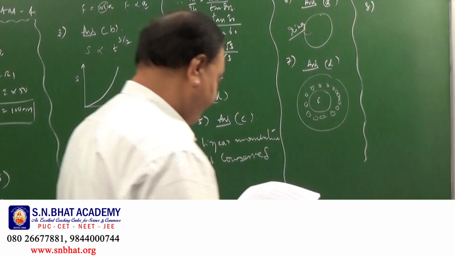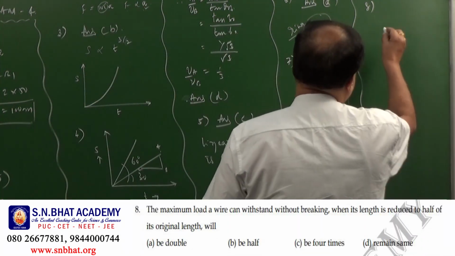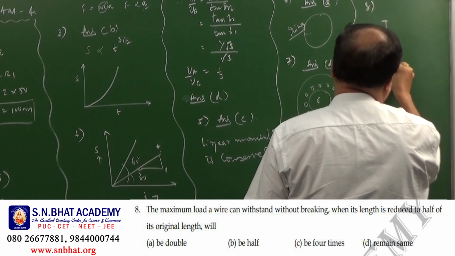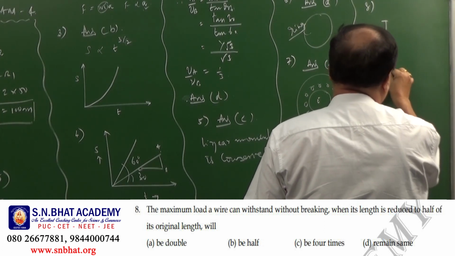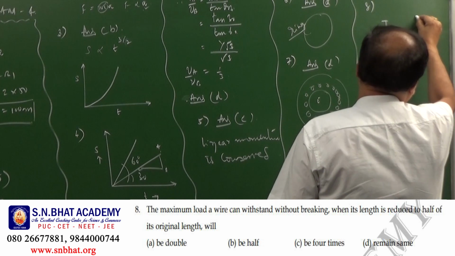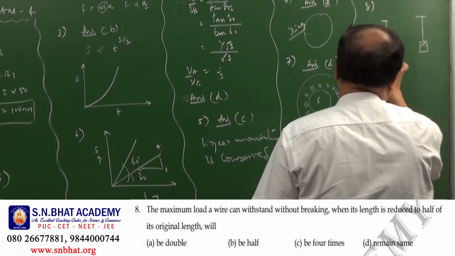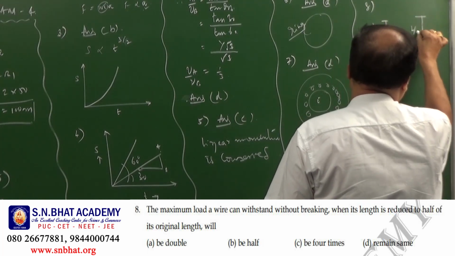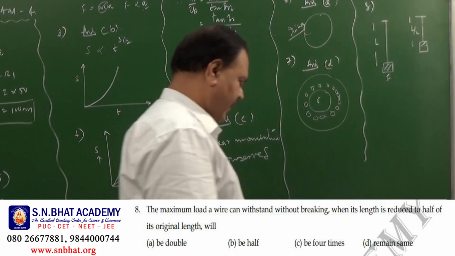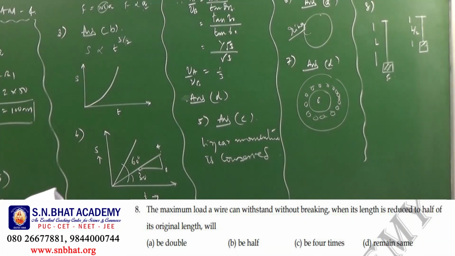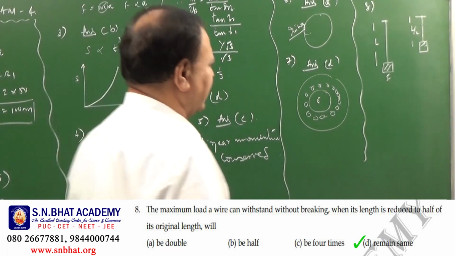Here is the body, and a force is applied. Now the length, the total length, is reduced to half of its original value. When its length is reduced to half, what happens to the maximum load? There is no change in the maximum load acting on it.